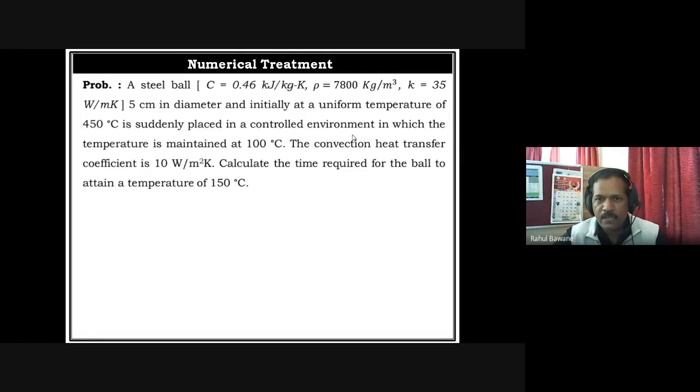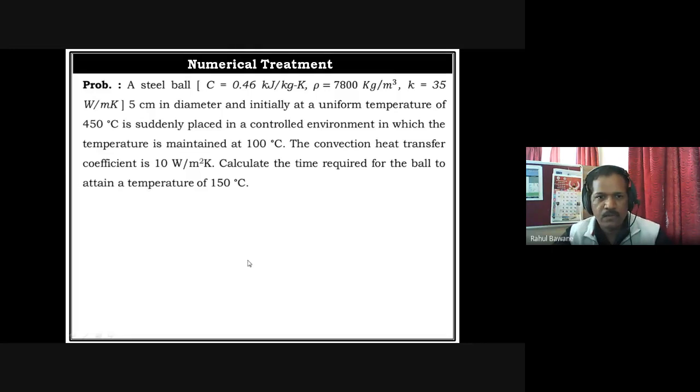Why controlled? Because that bath may be an oil bath or water bath, so its temperature is not going to change. It is a controlled environment in which the temperature is maintained at 100 degrees centigrade, so this is T infinity. The convection heat transfer coefficient h value is 10. Calculate the time required for the ball to attain a temperature of 150 degrees centigrade.